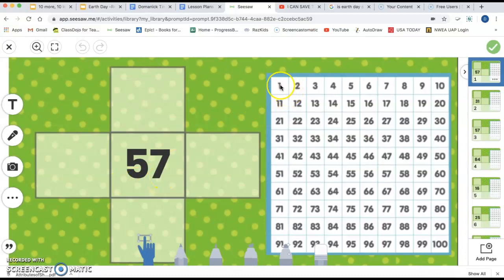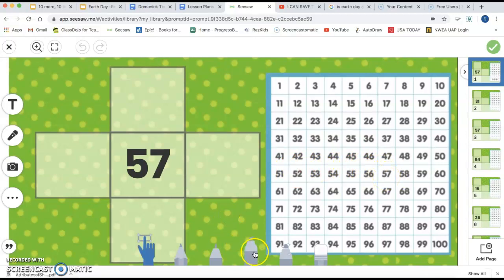So I can think about, if I know each row in the hundreds chart is 10, I can count down 5. 1, 2, 3, 4, 5. And I can count over 7 because I know there's 7 ones. 1, 2, 3, 4, 5, 6, 7, and I can find my number 57.